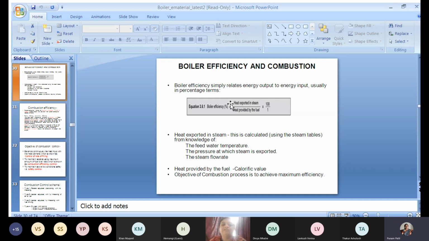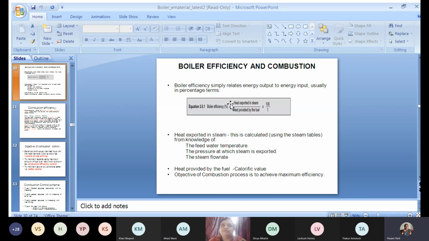Forget about the boiler. Efficiency term का meaning क्या है? Output divided by input. Okay, what should it be? When will you say it is highly efficient? For less input, we get more output. Okay.